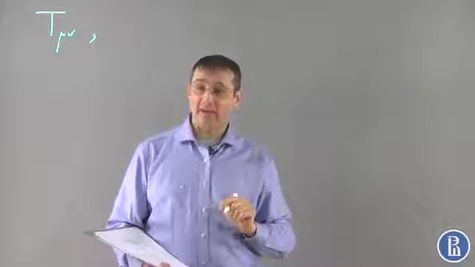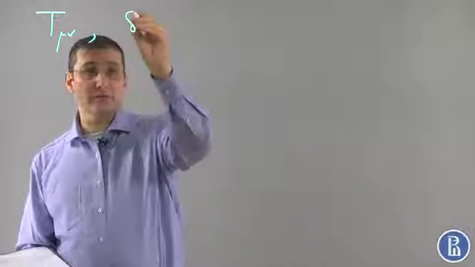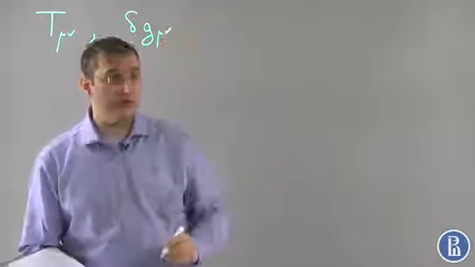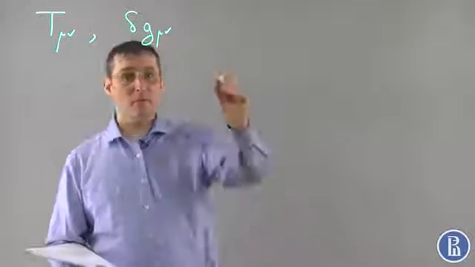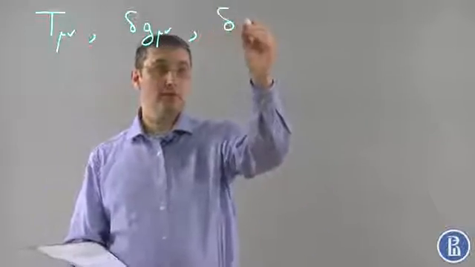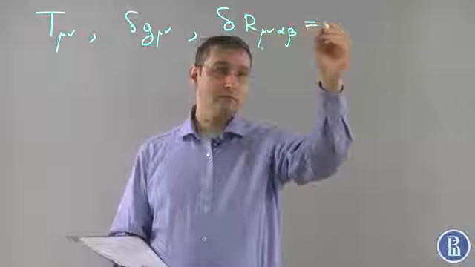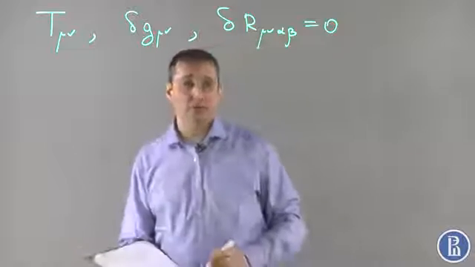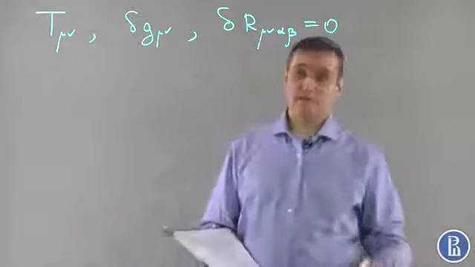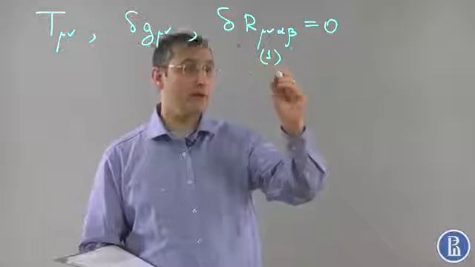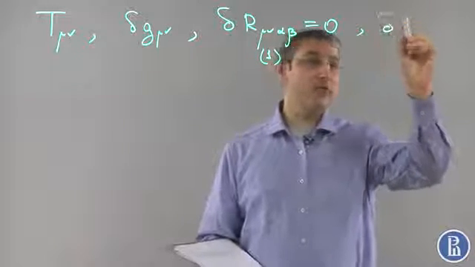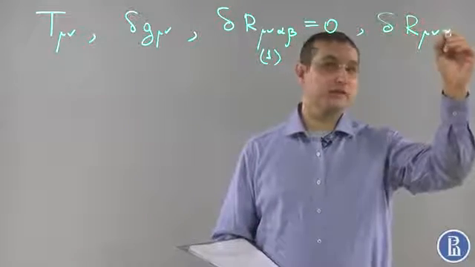So to understand the physical meaning of T mu nu, let us consider the following fact. Among the variations of the metric, there are those variations which do not change the Riemann tensor. This is the first type of variations. And there are also variations which do change the Riemann tensor.